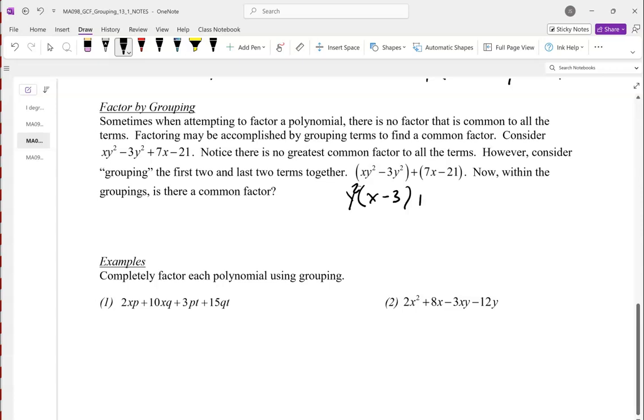Now do the exact same thing for the second 2 terms. What do you see as a GCF in the second 2 terms? 7. If I move the 7 out, what are you left with? X minus 3. Okay.